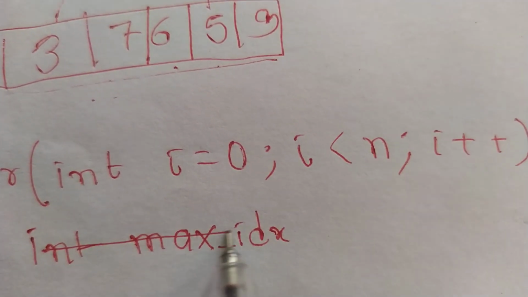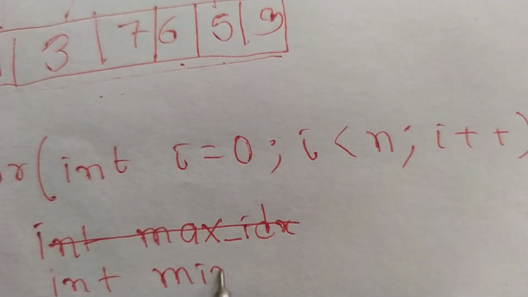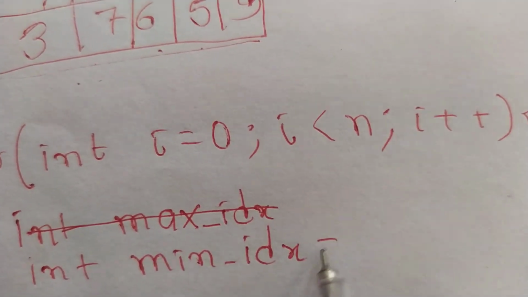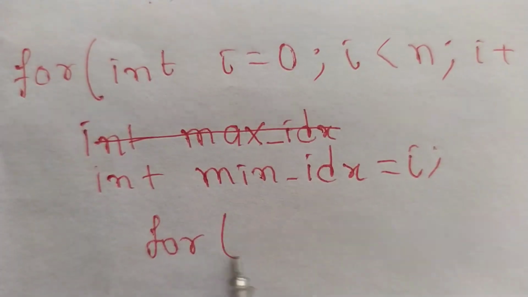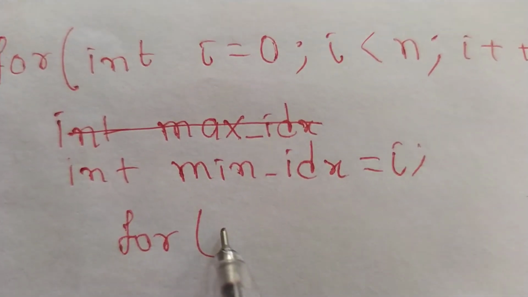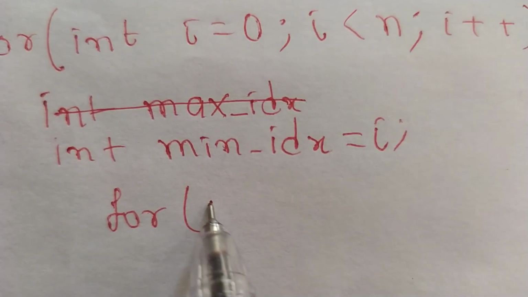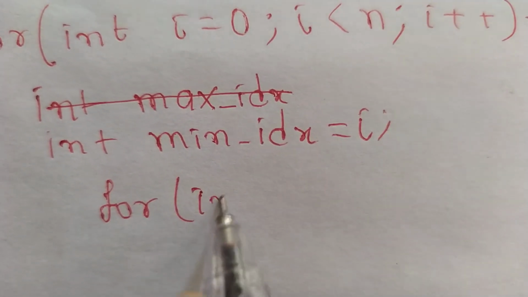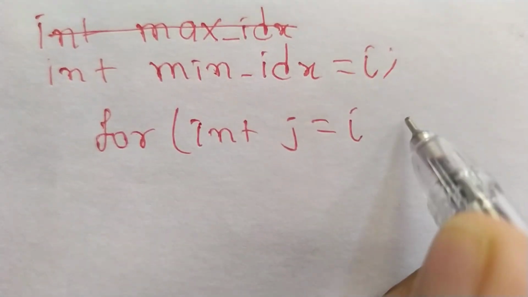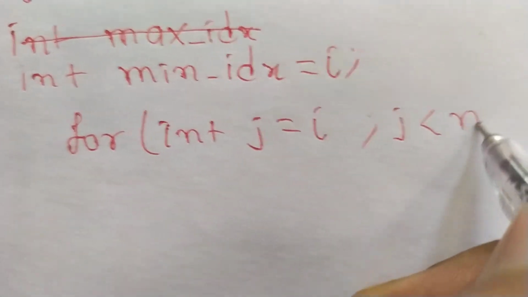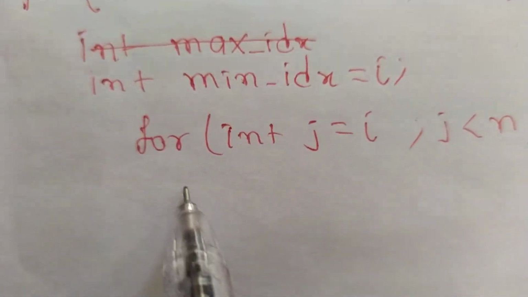Let me rename it. Must have a minimum index, idx equals i, and for the later part of the array we are going to start from int j equals i, j less than n, j plus plus.